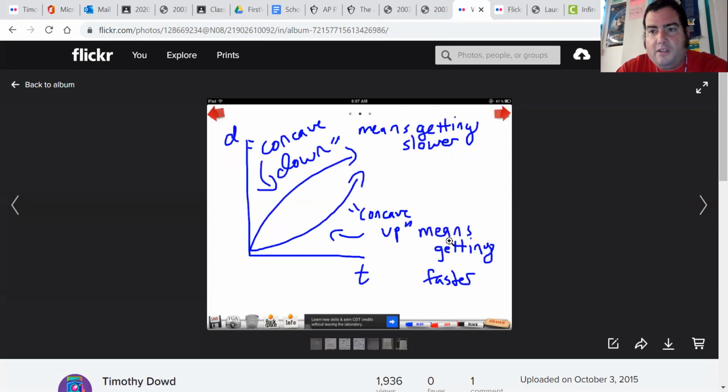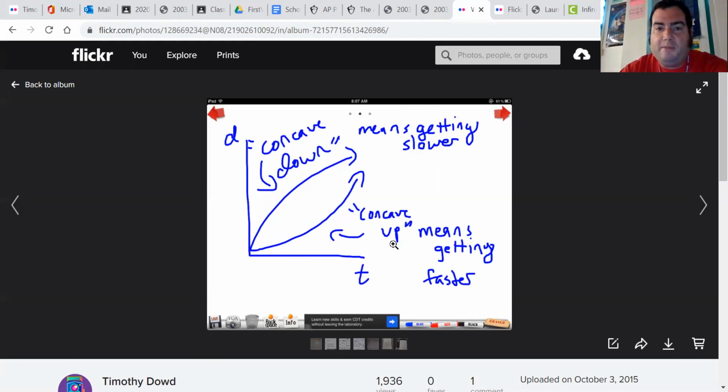I had students look at this and I asked them to justify what I had written here. This graph on position versus time is decreasing slope, and that means this object would be getting slower. This object has an increasing slope, so that means this object would be getting faster.